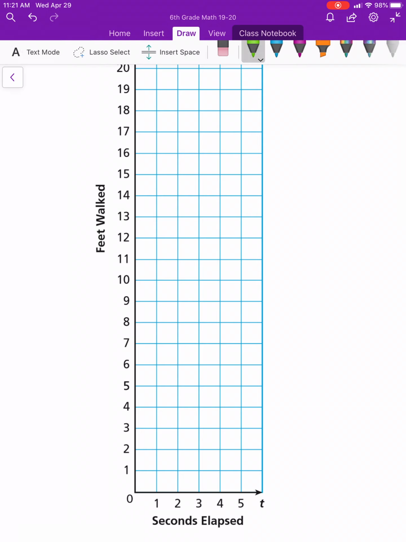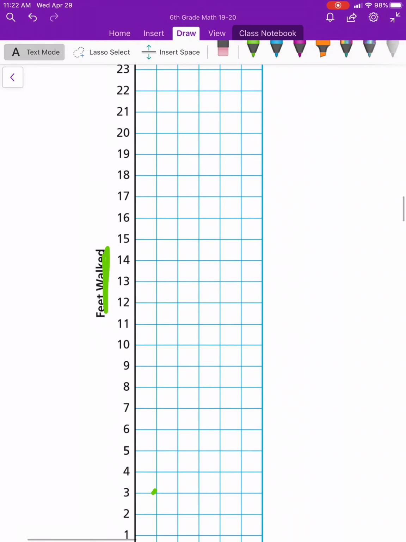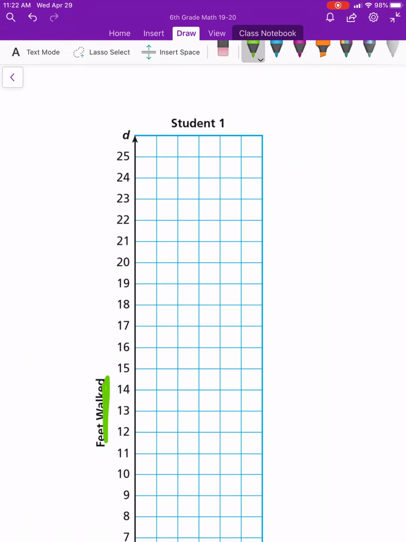So we start with 0, 0, right? Right here. Then for 1 second, they walked 3 feet. And remember, this is the feet walked here, total time elapsed here. So we have t on our x-axis, and we have distance on our y-axis.